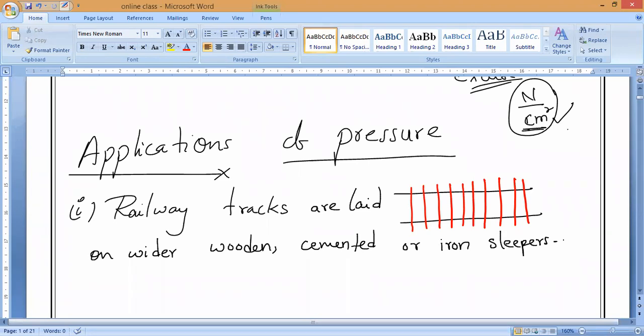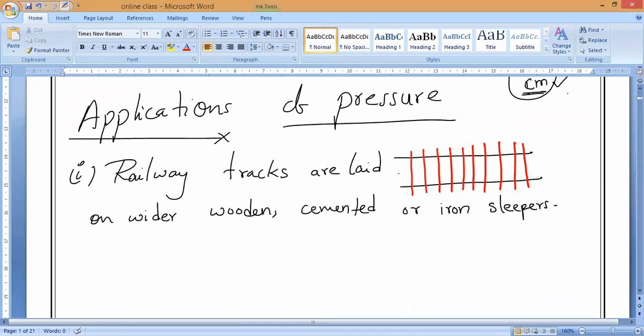Understand? Now, what is the use of this? Can anybody say? Increasing the surface area, sir. Yes, increasing surface area. Very good. A train usually has a very huge amount of mass. So how do we reduce the pressure?